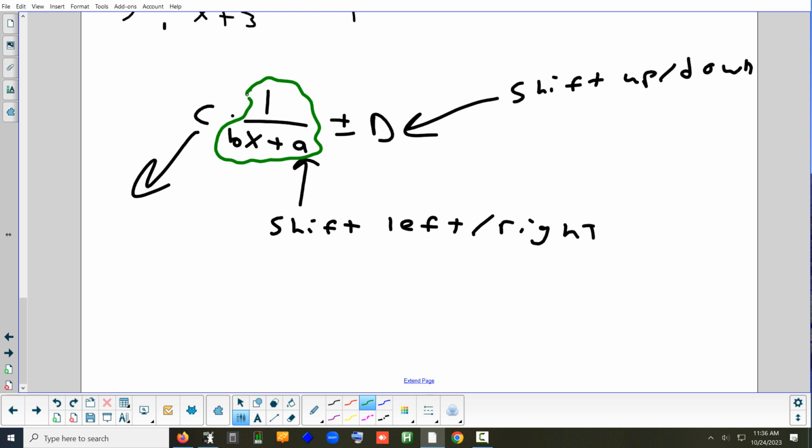So what do you think the C does? Doesn't C make it bigger or smaller? So how are you going to word that as a transformation? Like a scale factor? Okay, I need a little bit more specific. But I think you're on the right idea. It could stretch or shrink, but I need a little bit more.